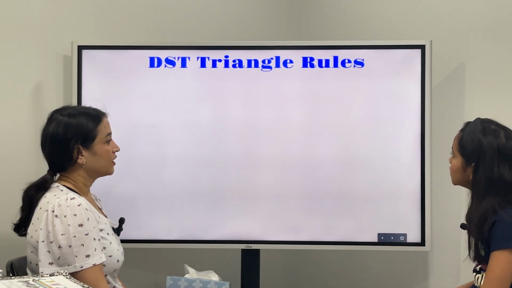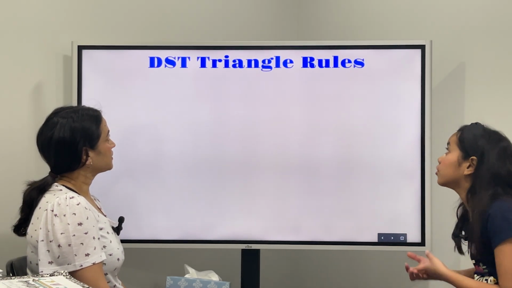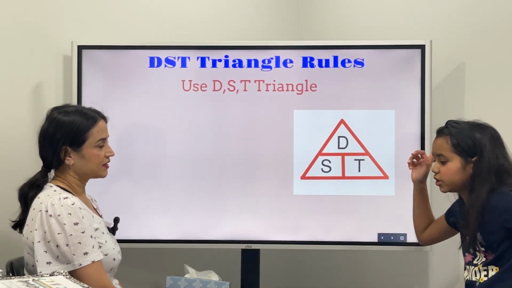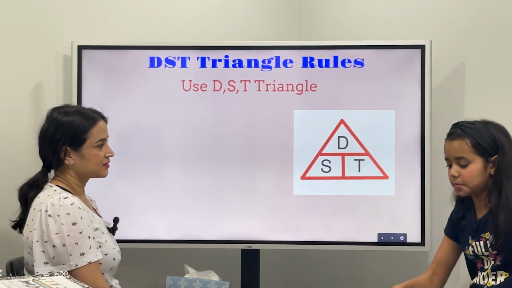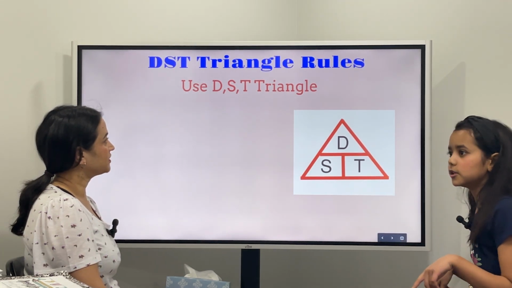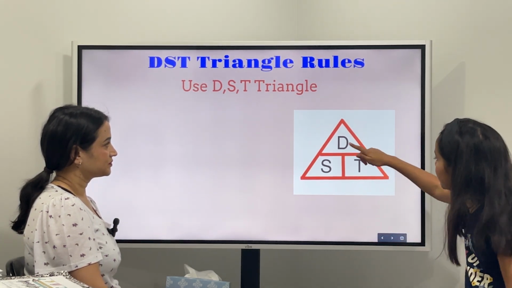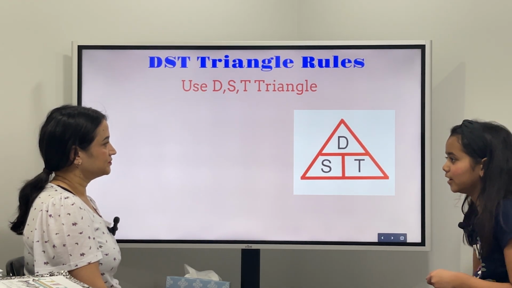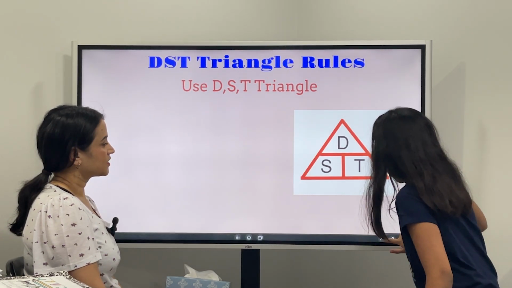So the DST triangle rule. The D stands for distance, the S stands for speed, and the T stands for time. That's why it's called a triangle.